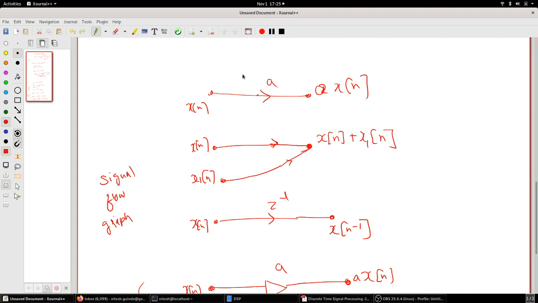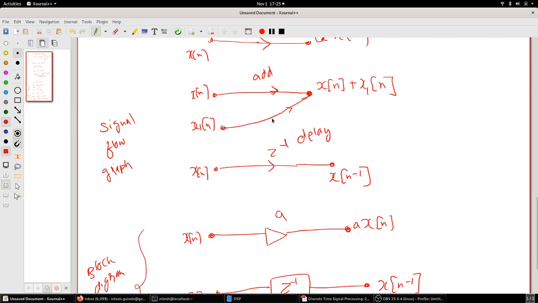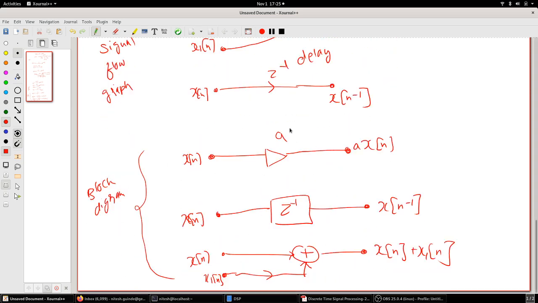This one is a scaling operation, this one is adding, and this one is a delay. These are the three operations that you see in signal flow graphs. In the same way, in block diagram representation, this is scaling, this is delay, and this is adding. These three operations, clear?